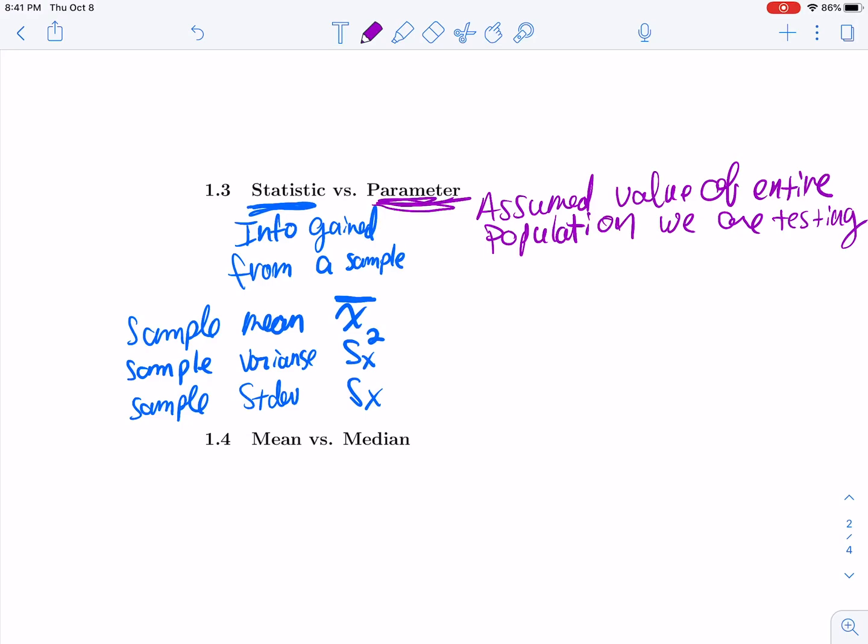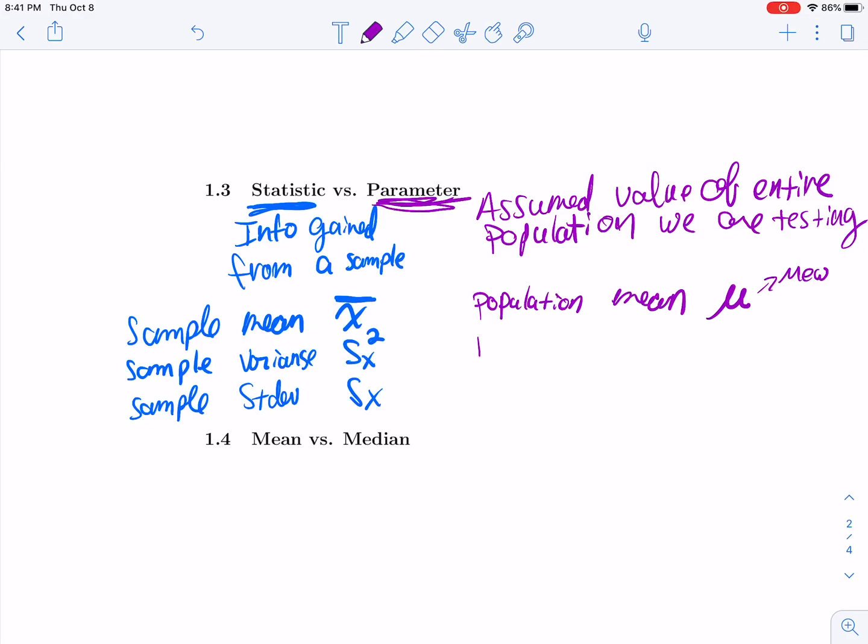And we have different notation for it. So like a population mean, we use the Greek letter mu. All right, the population mean mu.